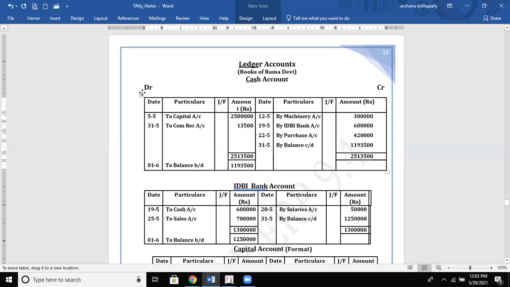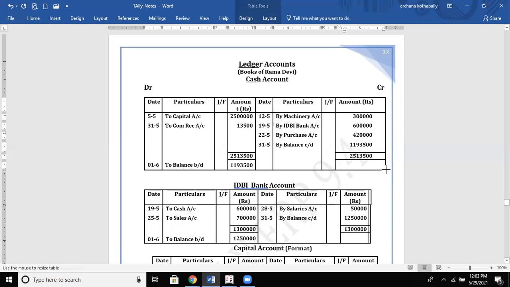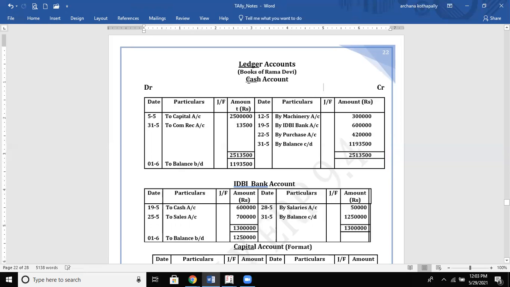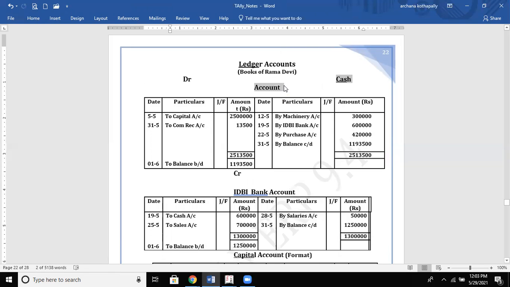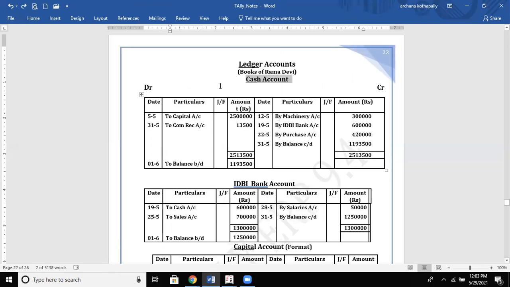Basically this is your cash account which has to be maintained. This is your format. All accounts will be in this way only. Okay, thank you.